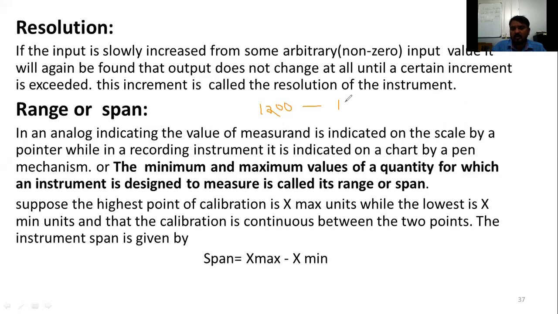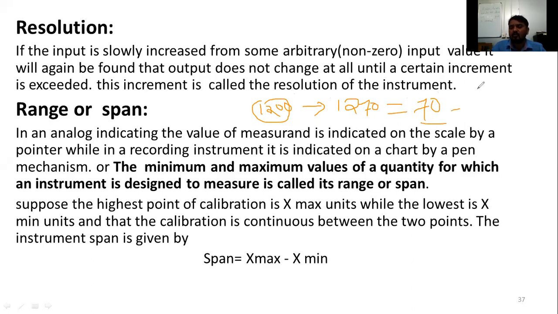After reaching Solapur, it is 1270. What is the range here? What is the total kilometer difference? 1270 minus 1200, maximum value minus minimum value, no? Yes, so 70 is the difference. The range from Solapur to Pandharpur is 70.